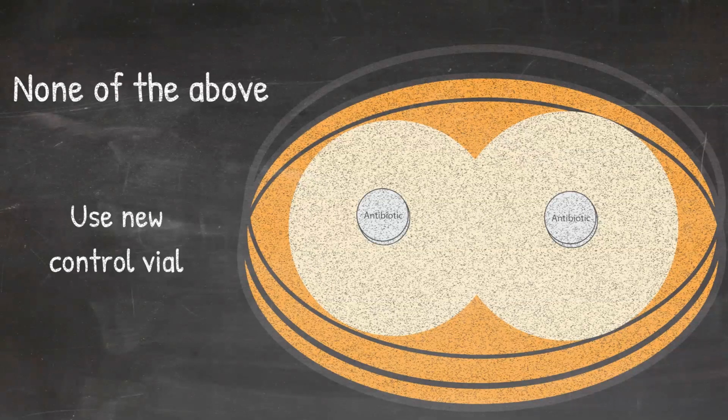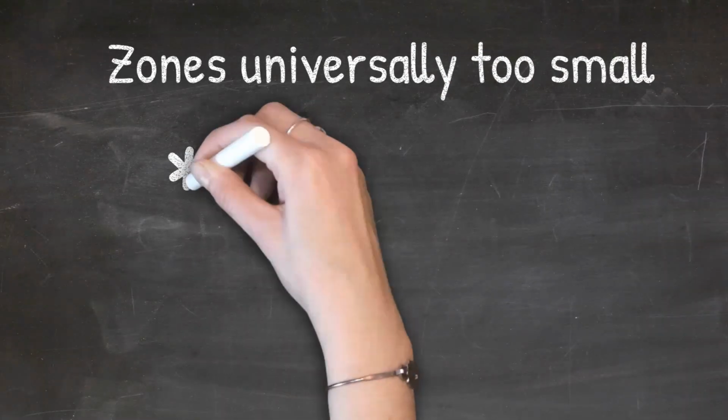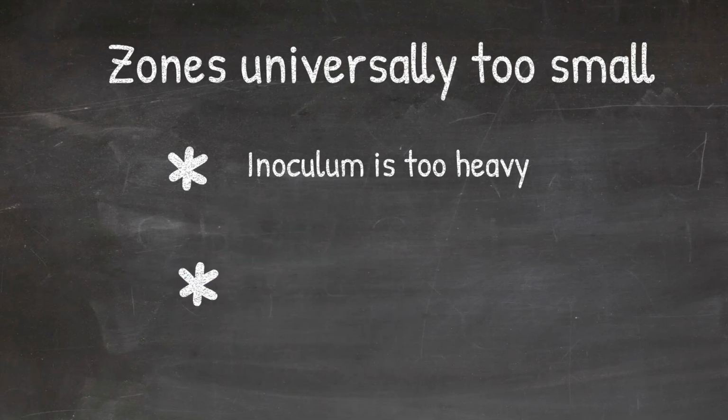Start your control organism fresh because your control organism may be contaminated, therefore the result is not as expected. If the zones are universally too small on control plates, it means the inoculum is too heavy or the agar depth is too thick. The same thinking applies as when you get zones universally too large, just reverse the reason.